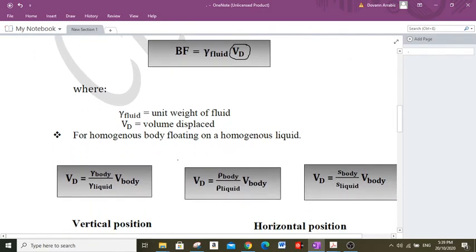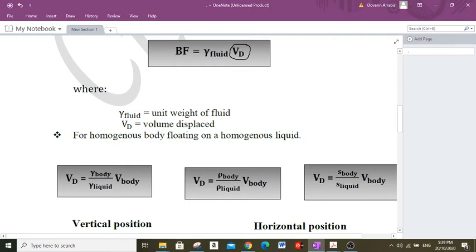For a homogeneous body floating on a homogeneous liquid, we have this equation: the volume displaced is equal to the unit weight of body over the unit weight of liquid times the volume of body.